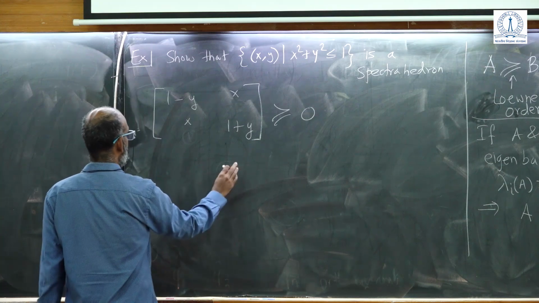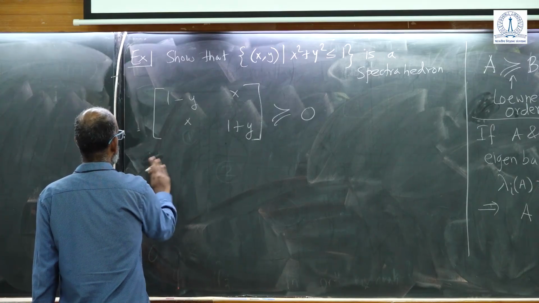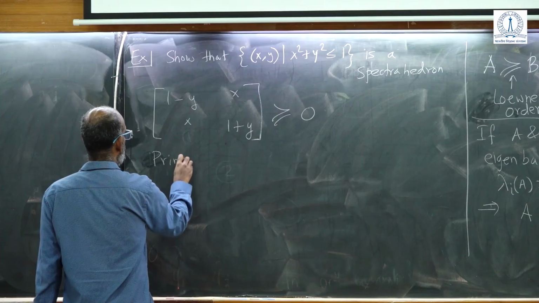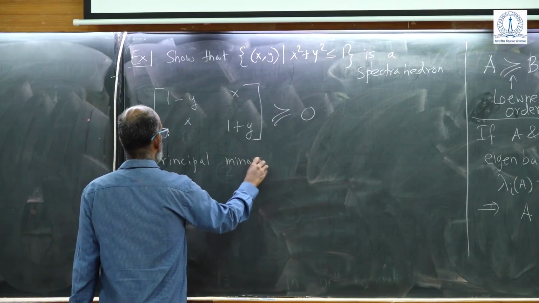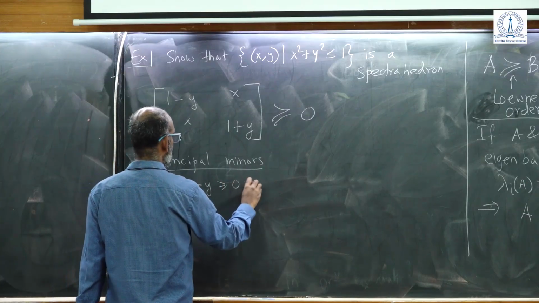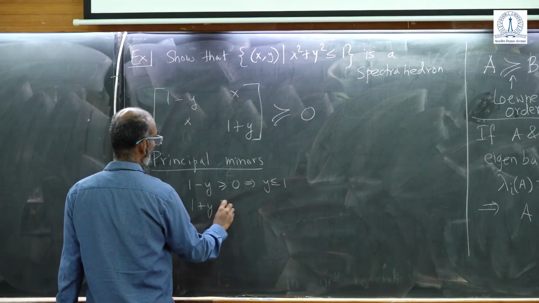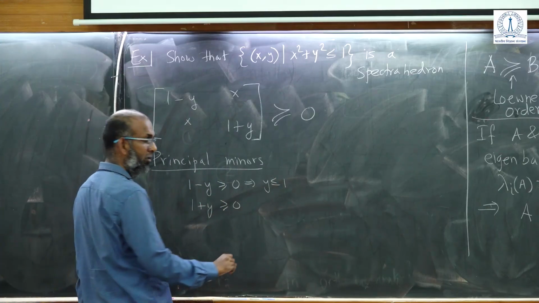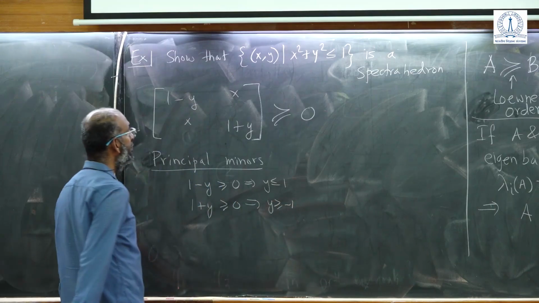So, yeah, let's just write the minors, the principal minors. They are 1 minus y greater than or equal to 0, which means y is less than or equal to 1, and 1 plus y greater than or equal to 0, which means y is greater than or equal to minus 1.